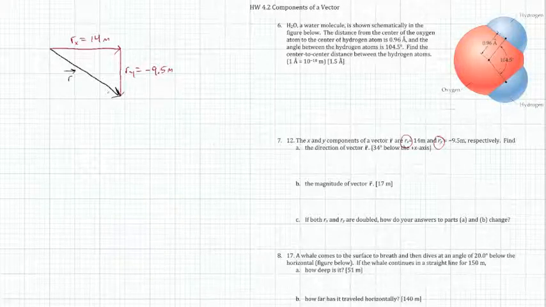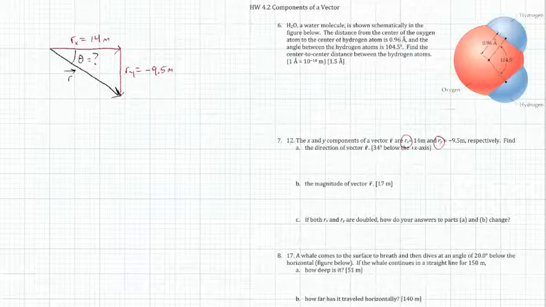And so the question is, what's the direction of vector r? Well, that means this right here. We measure our vectors based off of the x-axis. So this angle in here, theta, is what we want to find out. Well, let's go about solving for theta.